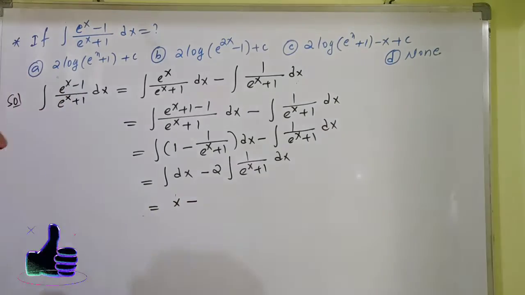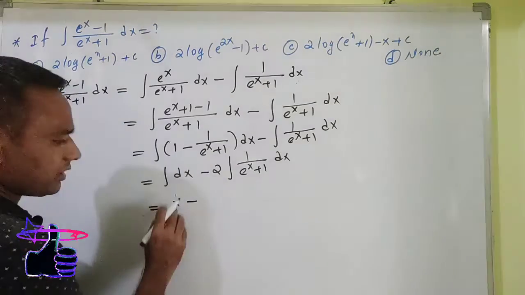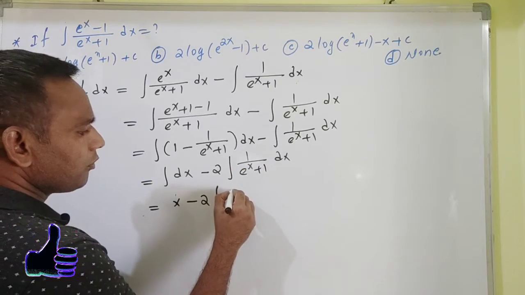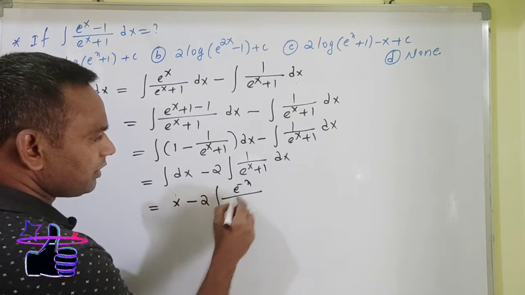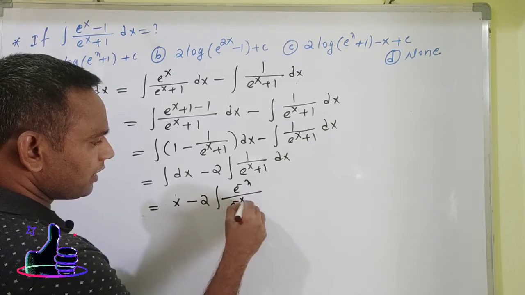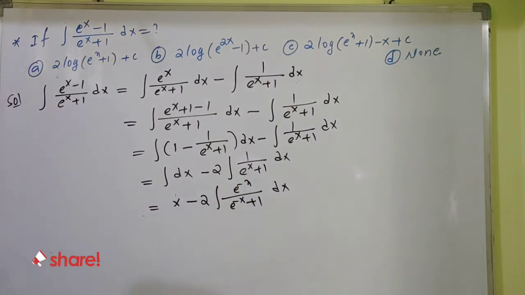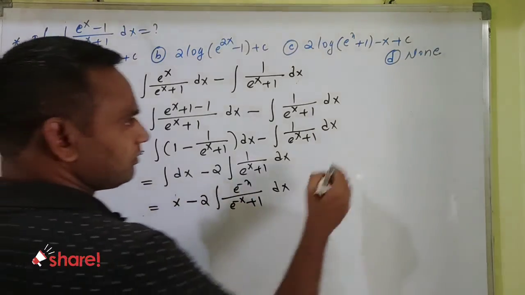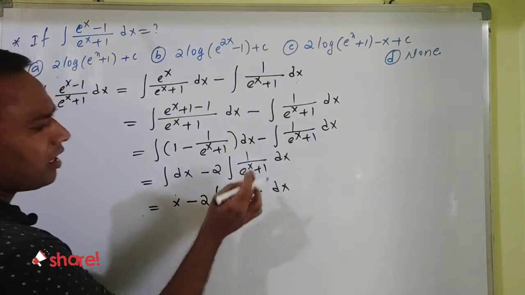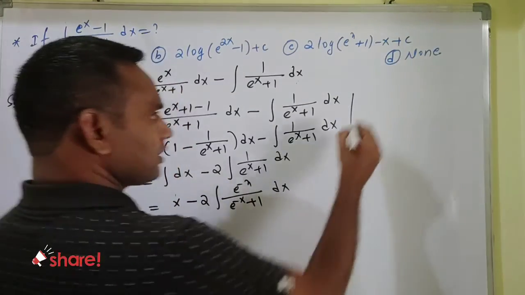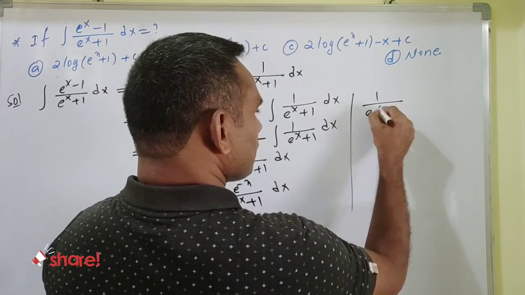Now write: integration of dx is x, minus 2 into the integral of e^(minus x) by (e^(minus x) plus 1) dx. Both are the same here. Look here, take e^x common, or write it as e^(minus x). Here we have 1 by (e^x plus 1).